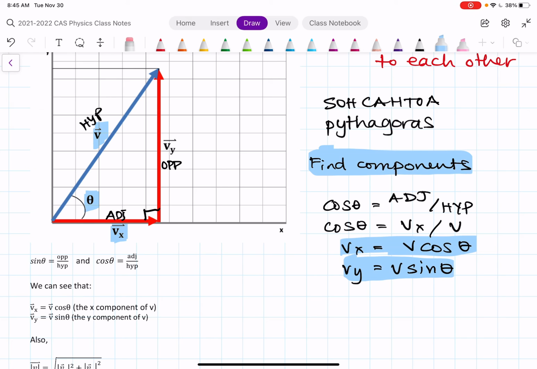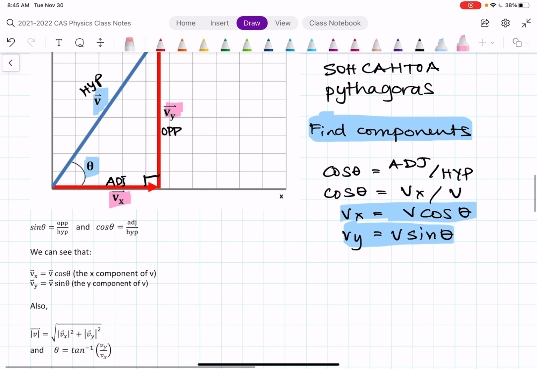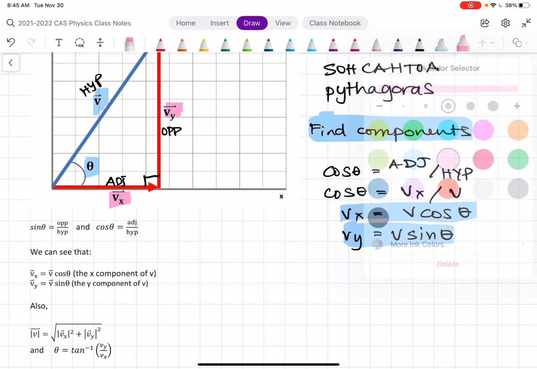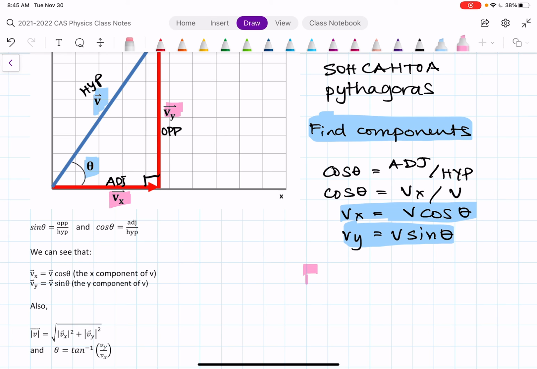Now, what if I know the components and I want to solve for the actual vector? Let's say I know this and I know this. If I know those two things, I want to find the vector, and I mean magnitude and direction.